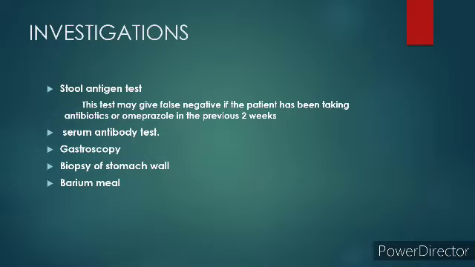So they will use that thin flexible tube, which has a camera and light at the end, to examine the GIT. Then a biopsy of the stomach wall can also be taken. So here a small tissue is taken for examination.